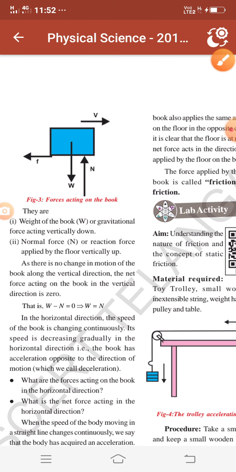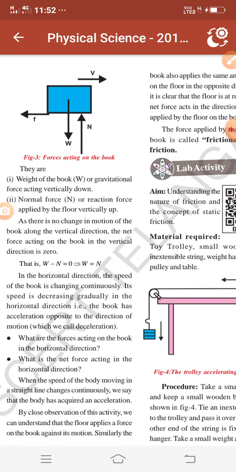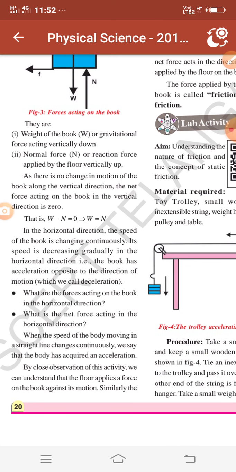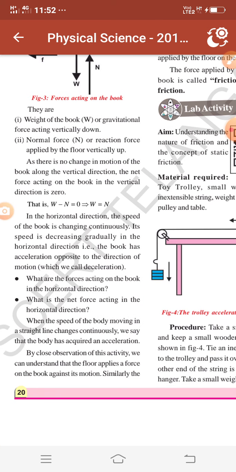Now, the normal force N applied by the floor vertically up. As there is no change in the motion of the book along the vertical direction, the net force acting on the book in the vertical direction is 0.